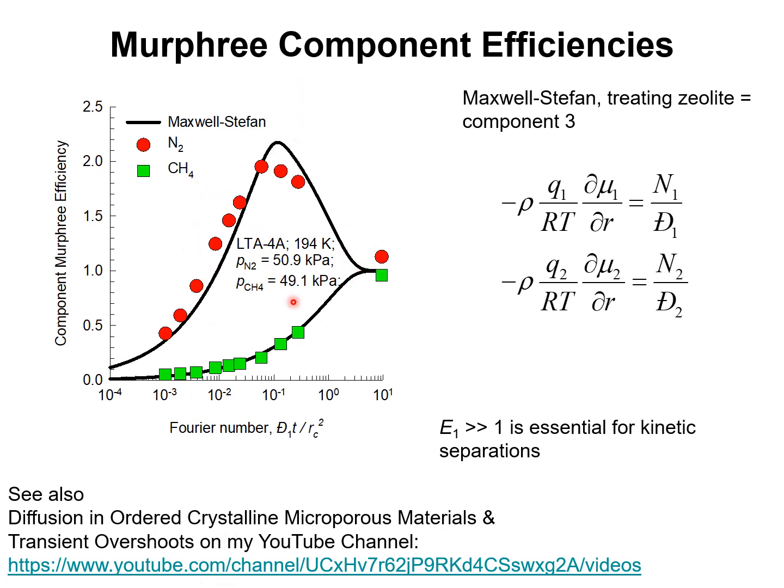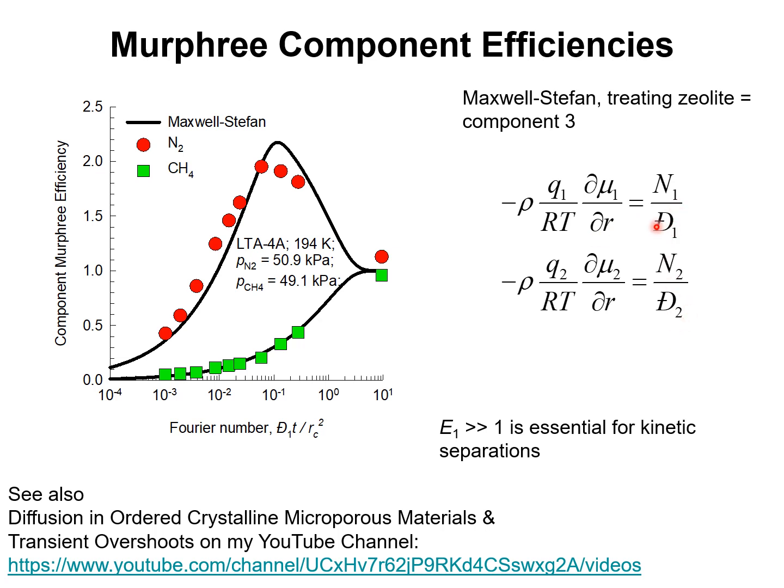The solid lines are the simulations of the transient uptake using the Maxwell-Stefan model, in which the component 3 is treated as the zeolite, which is a pseudospecies.